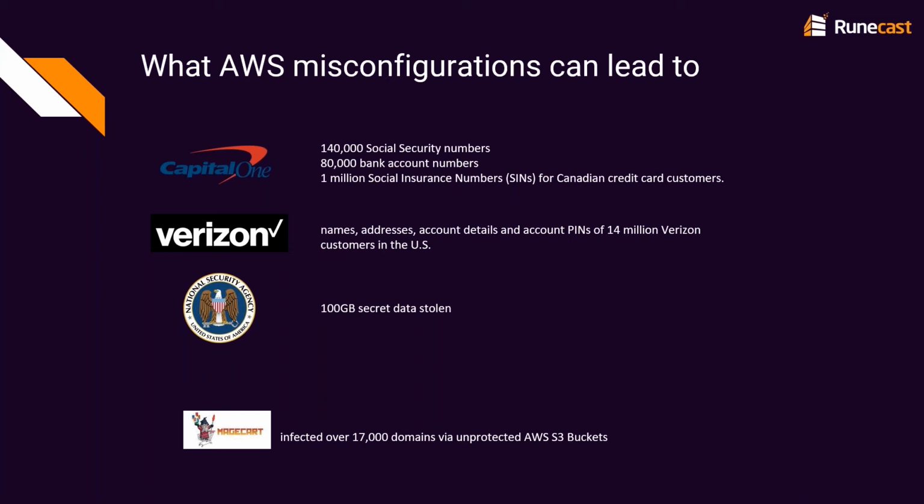And we see it almost every day in the media, some attacks going on, some companies being breached. Here on the slide, we have some relevant examples of these breaches where almost all of them were caused by misconfigurations on the AWS accounts of those companies.